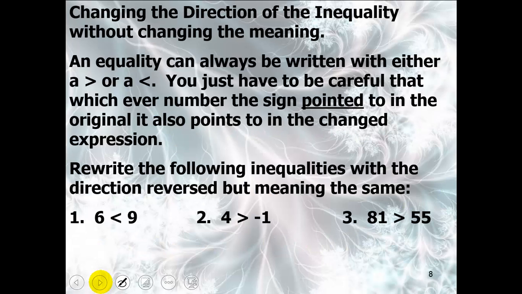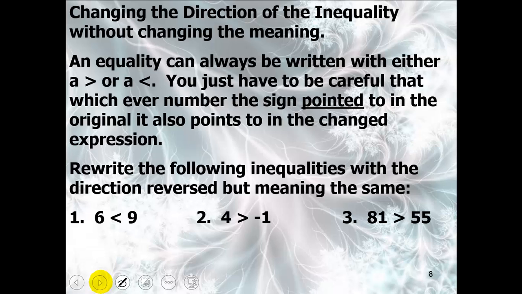All right, one tricky thing that students get hung up on is rewriting an inequality so that the meaning stays the same, but your inequality sign is going in the other direction.